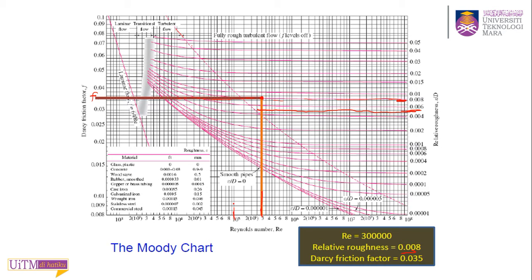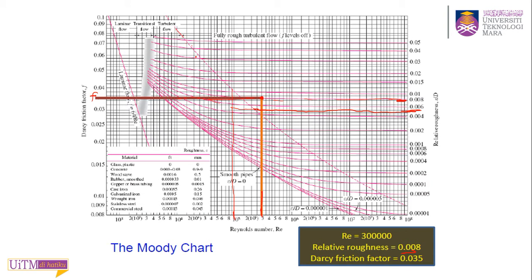When you draw your line upward, to get the intersection point with the Reynolds number and your relative roughness, after you draw the straight line from your relative roughness, when you reach this dotted line, you need to make the line curve, following the trend.